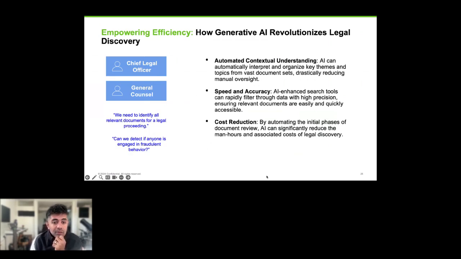You do not need to spend millions and millions of dollars on a building full of paralegals, where an artificial intelligence system can help go through large document sets in a much more efficient manner. You're fixing the speed and accuracy issue, and you're also reducing costs for the entire project itself, right? So bringing technology where it matters.